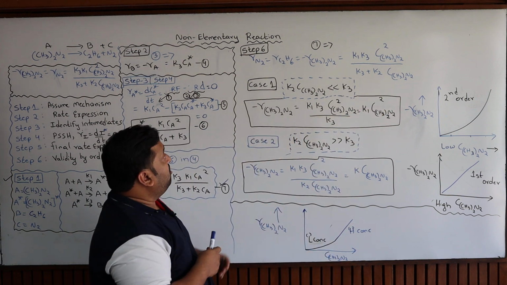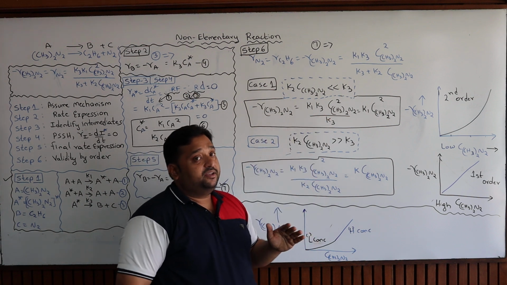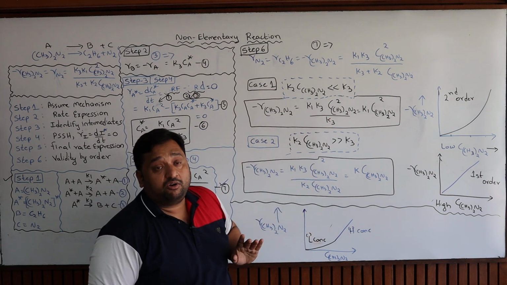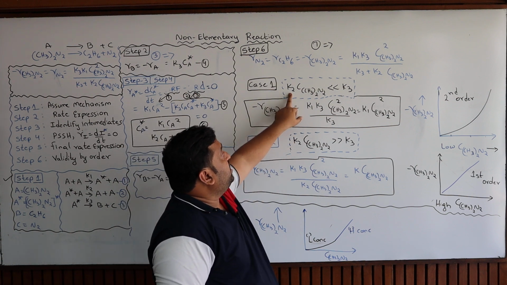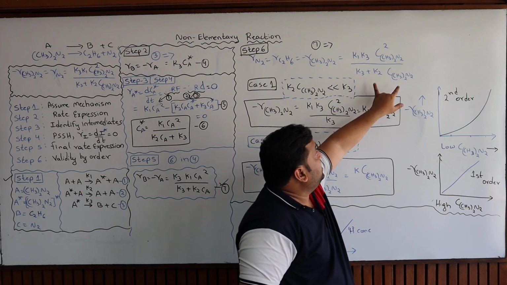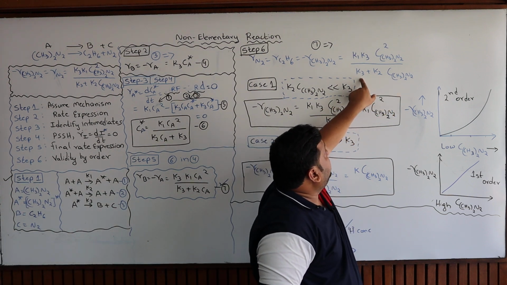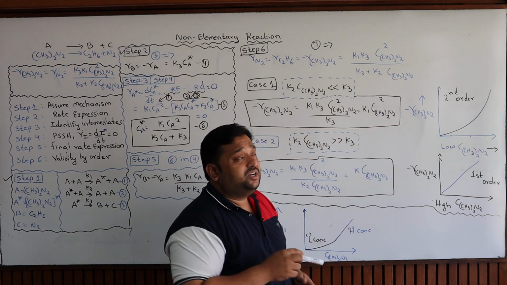Now case 1: how do we simply identify whether my rate expression is correct or not? Let us take the simple cases. In case 1, K2 into azomethane concentration is much less than K3. That means K3 is much higher than K2 into this one, which means lower concentrations of azomethane.